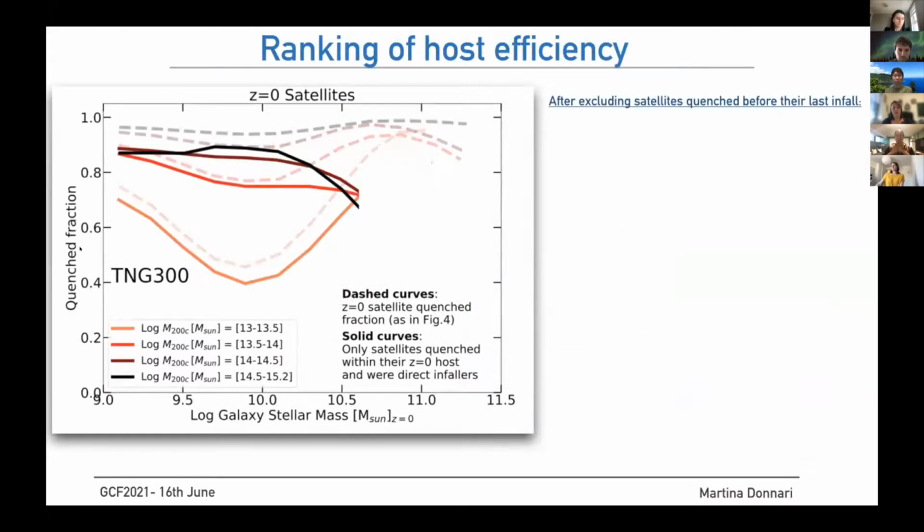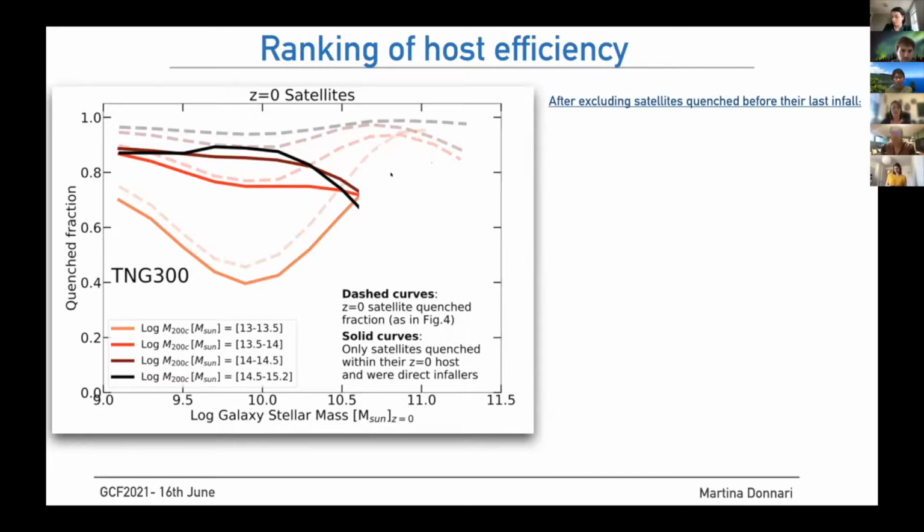If we make a step back and return to the quench fraction as a function of galaxy stellar mass for different host mass bins, the dashed lines are the plot that I showed you before, and the solid lines are the same plot, but after excluding all satellites that quenched before their last infall.